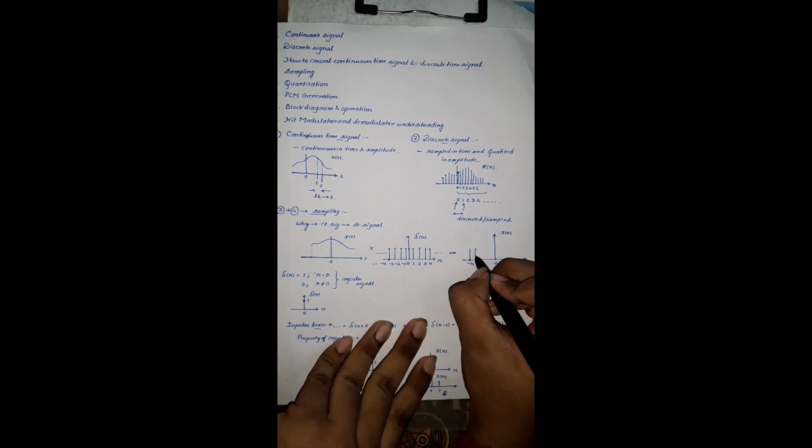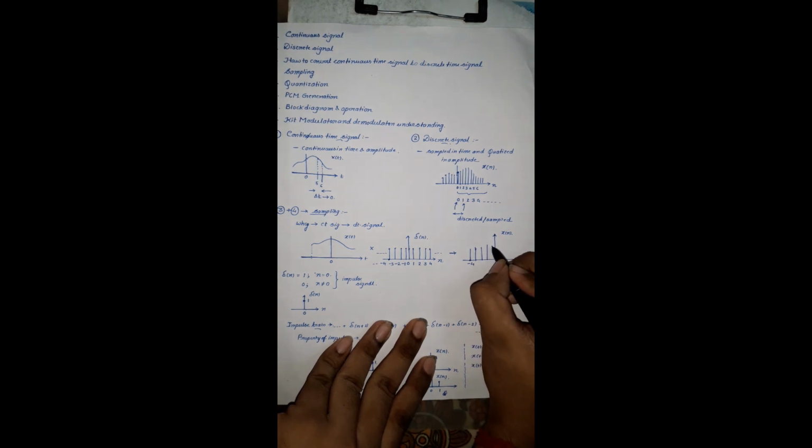Similarly for -3 we will find some value, -2 also some value, -1 also some value, and in a similar way we will find the value of the same signal but in the discrete domain.